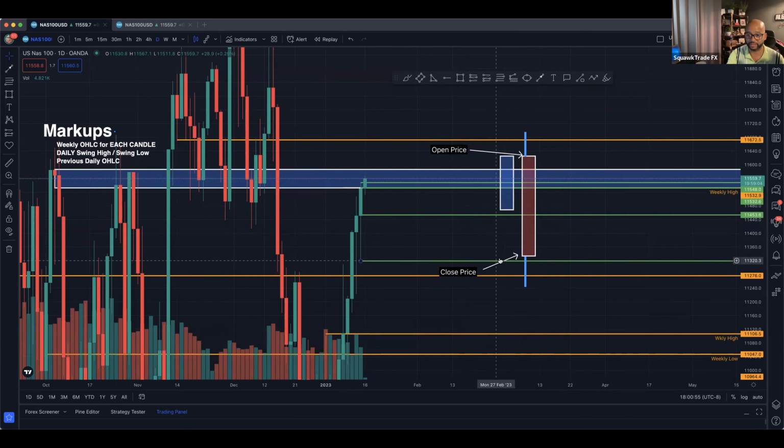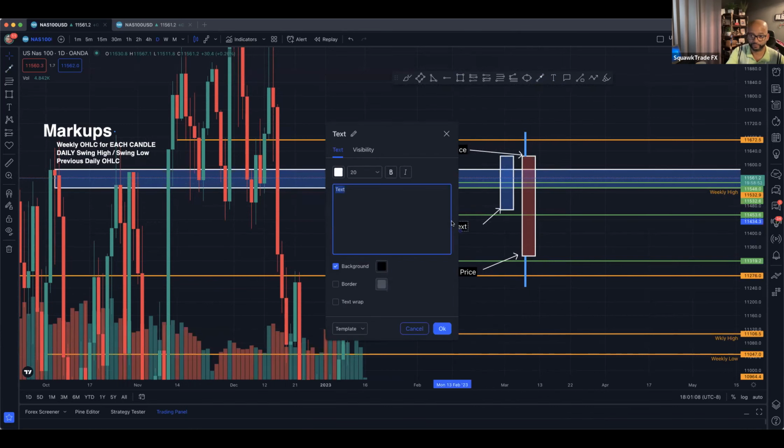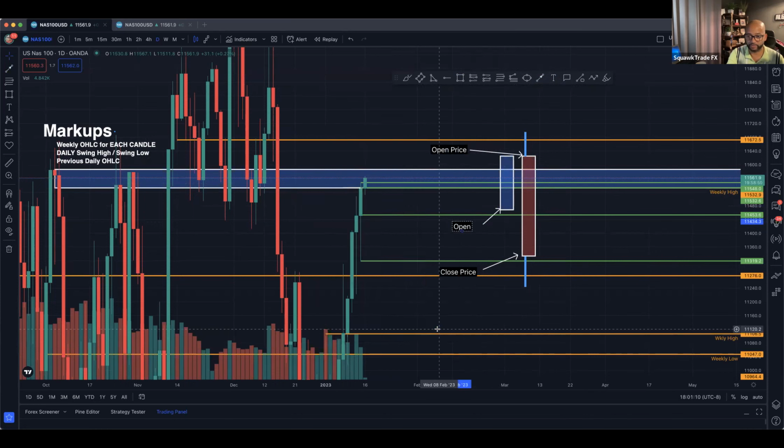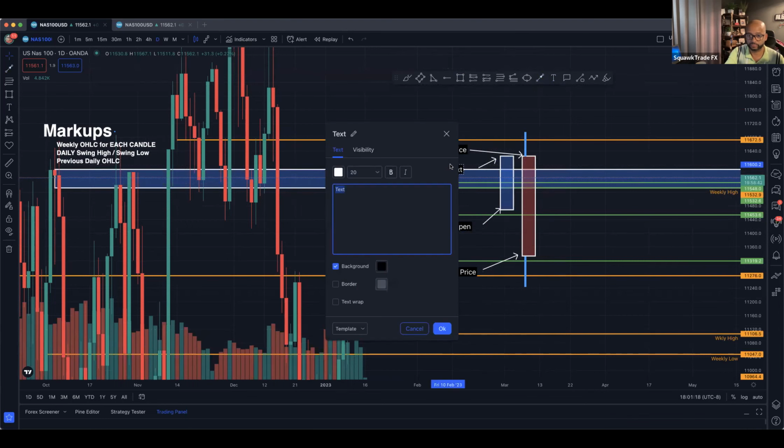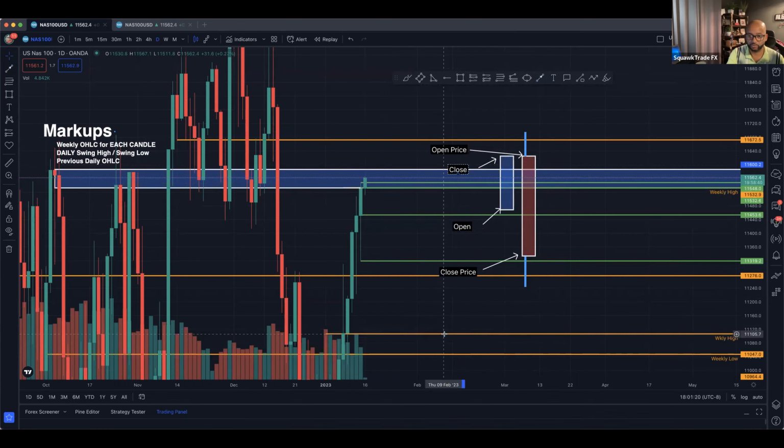If this is open price and this is close, this is a bearish candle. And if this is open price and this is close, we know that's a bullish candle, right? This is open price, and we know the top one is going to be close.